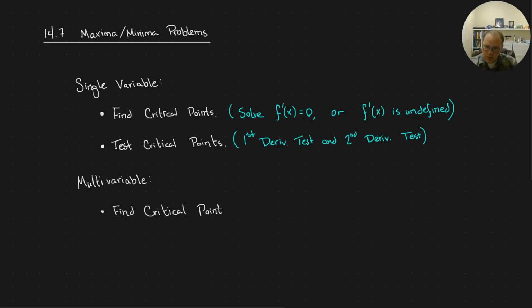Now, this is going to be where the function is horizontal, but we need to be careful here because now we can't just have one horizontal tangent line because there are lots of directions that we can move in. So we need to make sure that we are horizontal in every direction, not in just one or two directions. So we need to find our critical points, and then we are going to test those critical points.